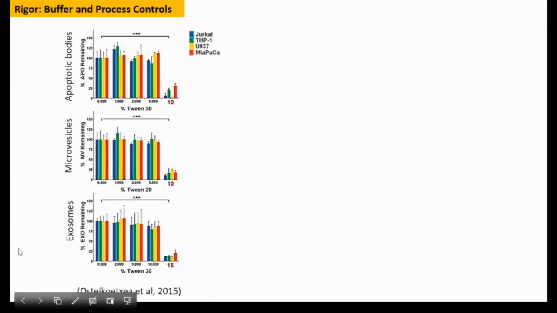So these are actually results from Edith Bouzache's lab, where they compared different detergents with different EV subpopulations, including apoptotic bodies, microvesicles, and exosomes, and these are coming from different cell lines. So basically, they subjected these EVs to different concentrations of reagents that include but are not limited to Tween. And I am encouraging everyone to have a look at this paper if you haven't seen it before.